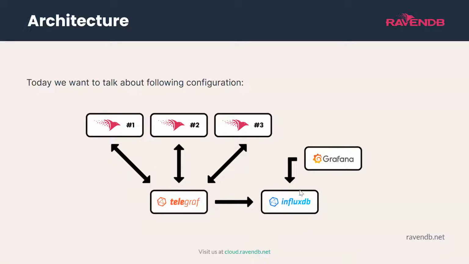We set up InfluxDB, which is a time series database, to hold the history of the monitoring information that we collect. Then at the end, we use the Grafana UI to query information stored previously in InfluxDB to see how our system behaves.